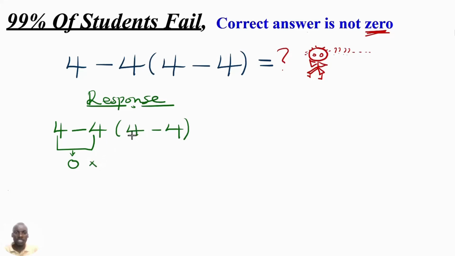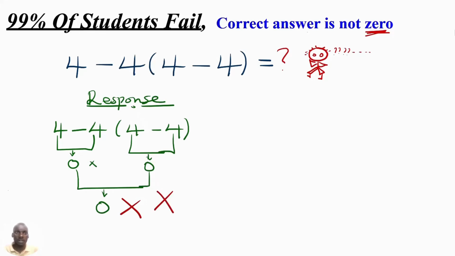Then what is in the bracket simplifies to 0 as well, so we have 0 multiplying 0 to give another 0. If one uses this approach, one gets the wrong answer. So 0 is completely a wrong response to this question.